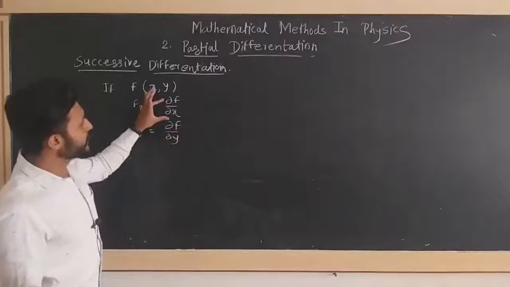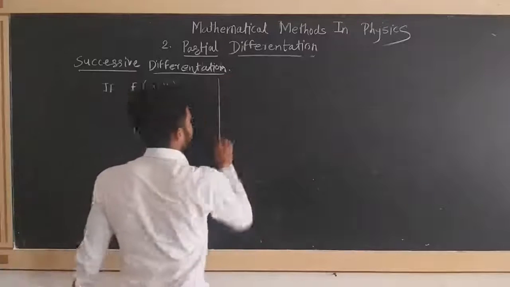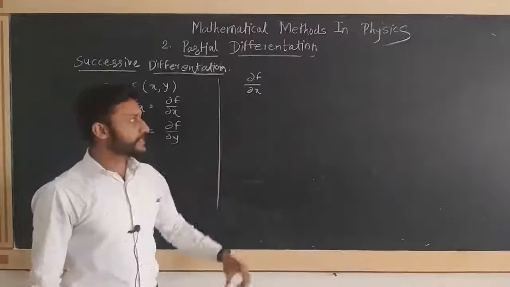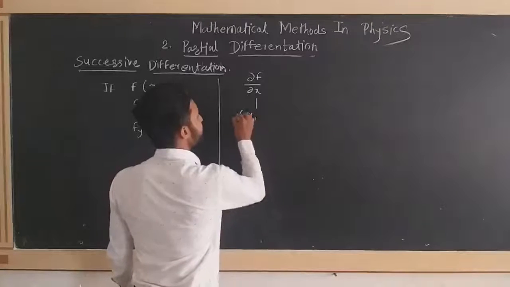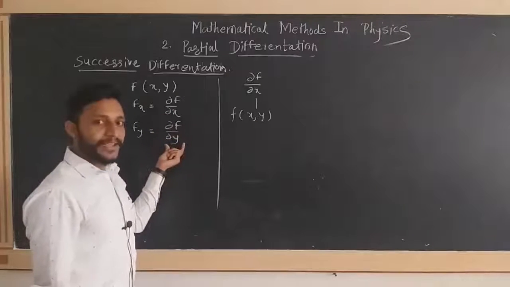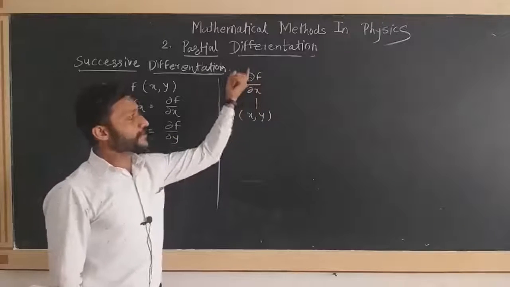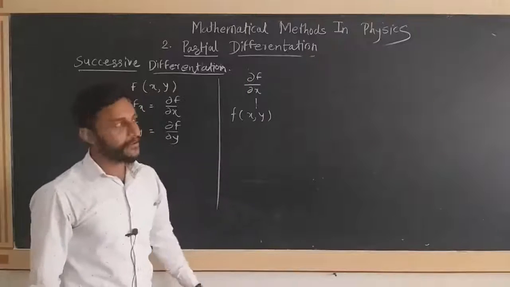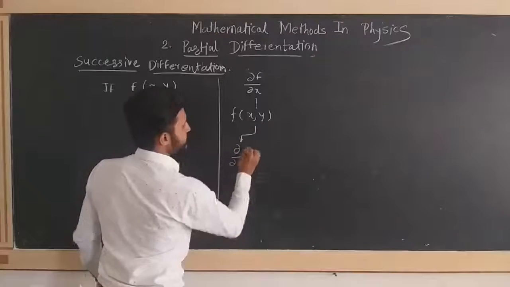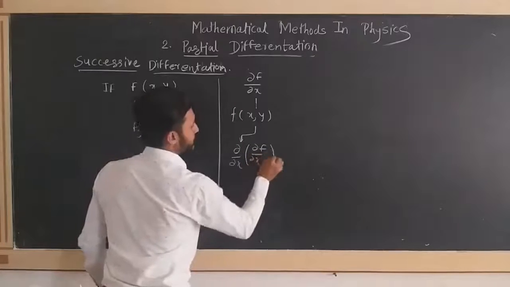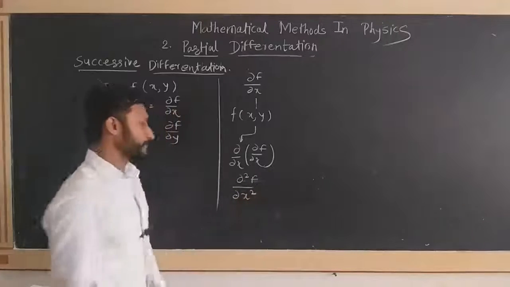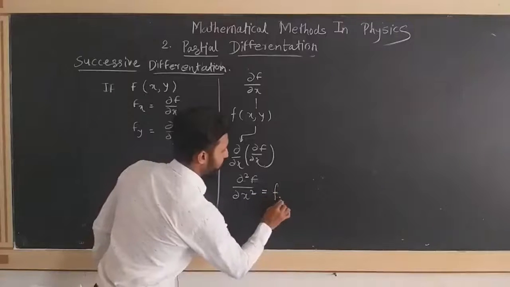Okay, so if ∂f/∂x and ∂f/∂y, if ∂f/∂x is also a function of x and y, although we differentiate with respect to x and the function with respect to y, again this quantity or function is also a function of x and y, then we differentiate it, ∂/∂x of this function, so we will get ∂²f/∂x², and we can write it as fxx.